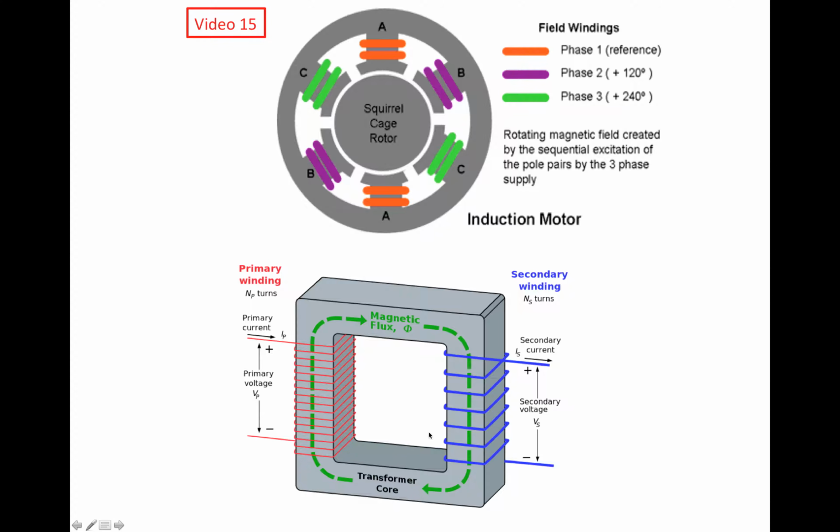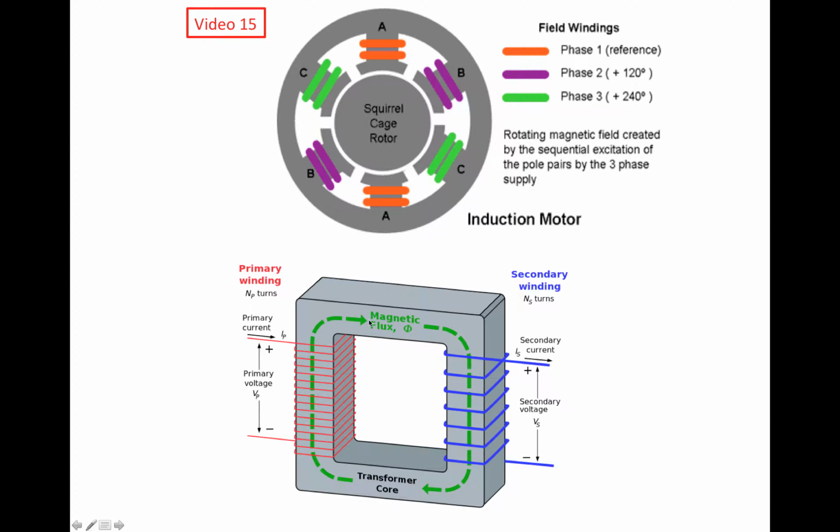The transformer is an electrical machine that transfers electrical energy between the primary side circuit and the secondary side circuit through electromagnetic induction. So inside of the transformer, there's no direct electric connection between the primary side and the secondary side.